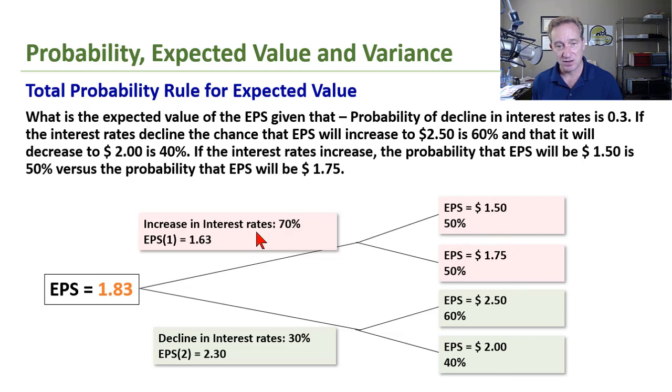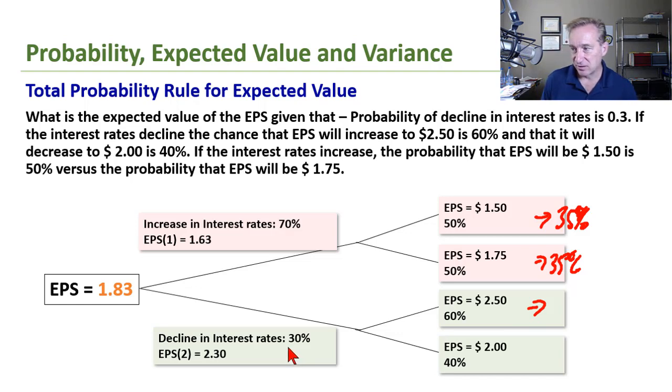What is the joint probability of this outcome? Well, it's the unconditional 70% multiplied by the conditional 50%. It gives us a joint probability here of 35%. And here, similarly, we have a joint probability of 35%. And here we have 30% times 60% is 18% jointly.